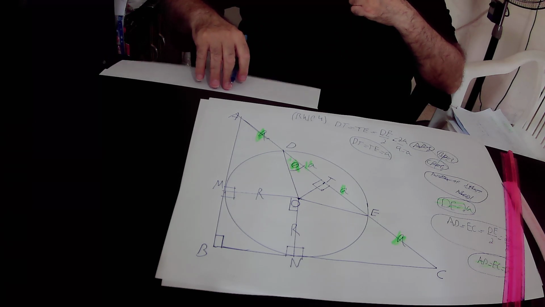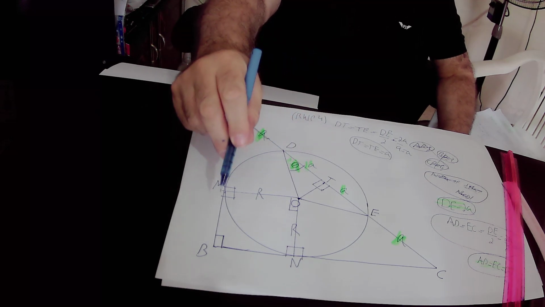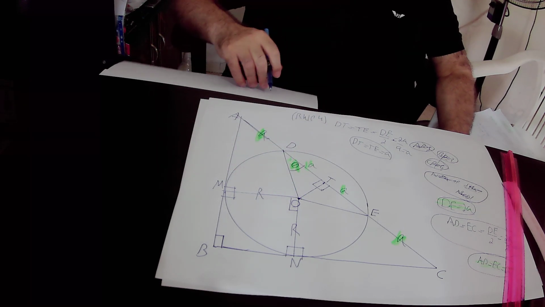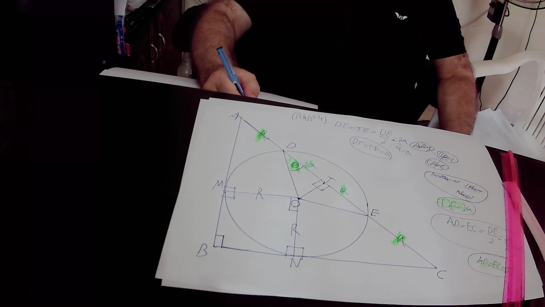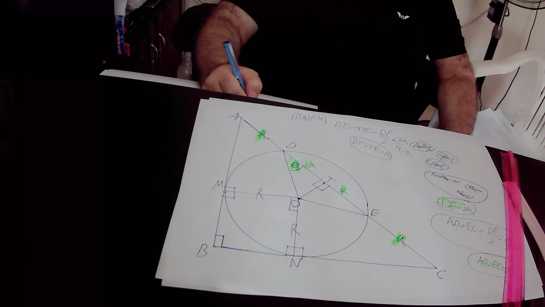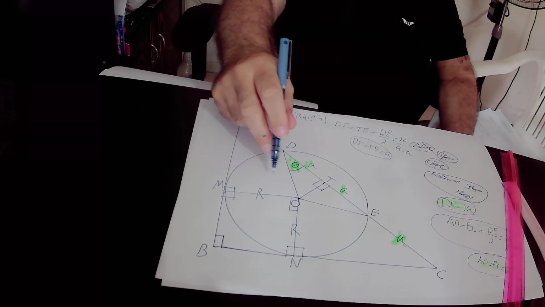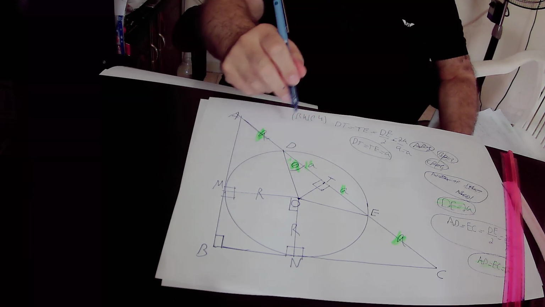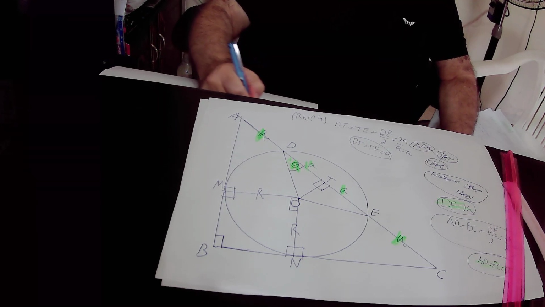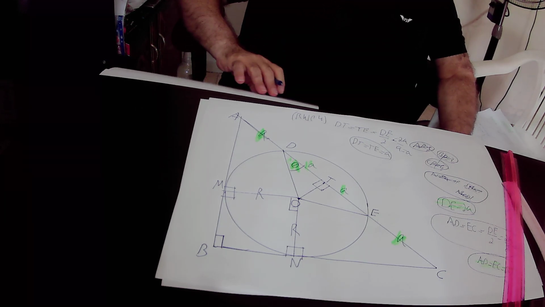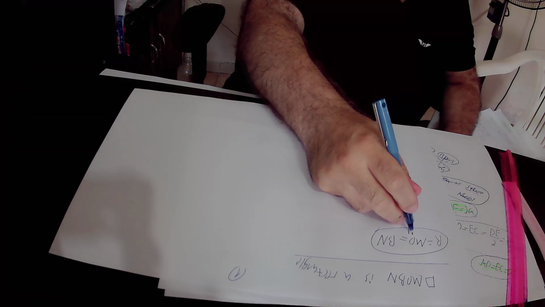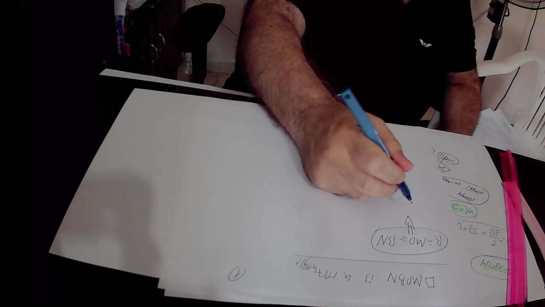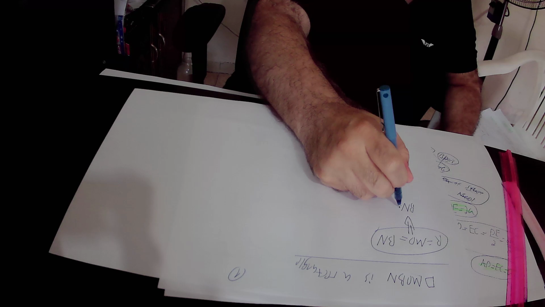That is to say, MO equals BN. And MO equals R. We found out that MO equals R. So from this equation, R equals MO equals BN, we will derive that BN is also equal to R. BN equals R.